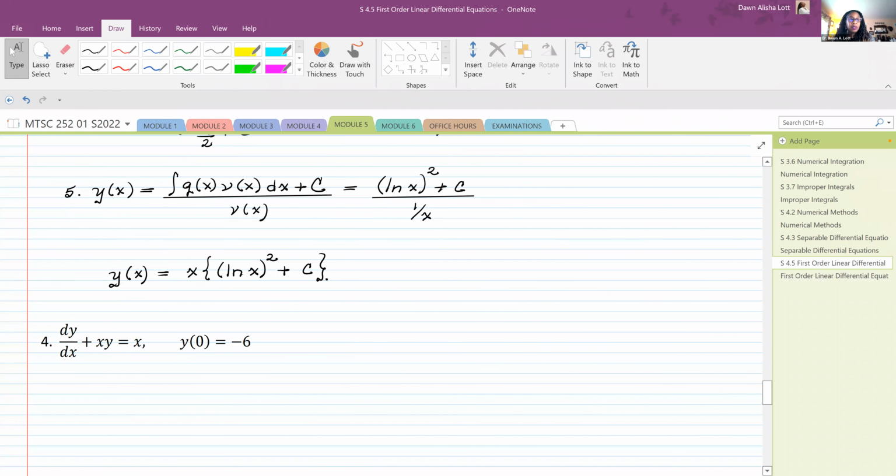So the curve, whatever the solution to the curve is, it goes through 0, -6. Okay, so I'm going to pause the recording for a minute while I take roll, and you are going to work on steps 1 through 5 of this problem.